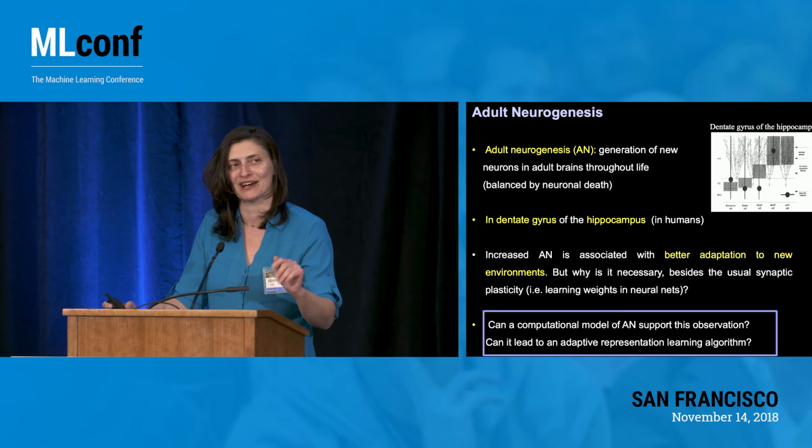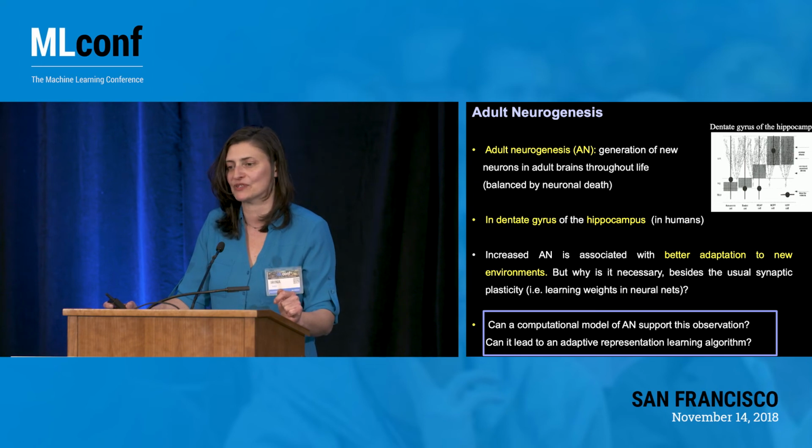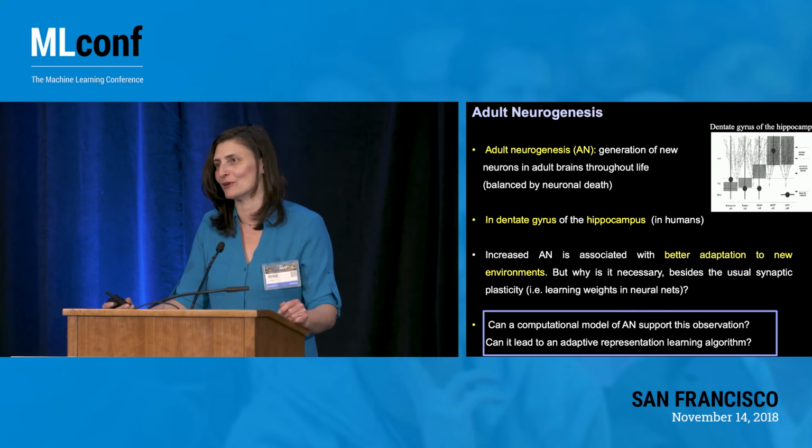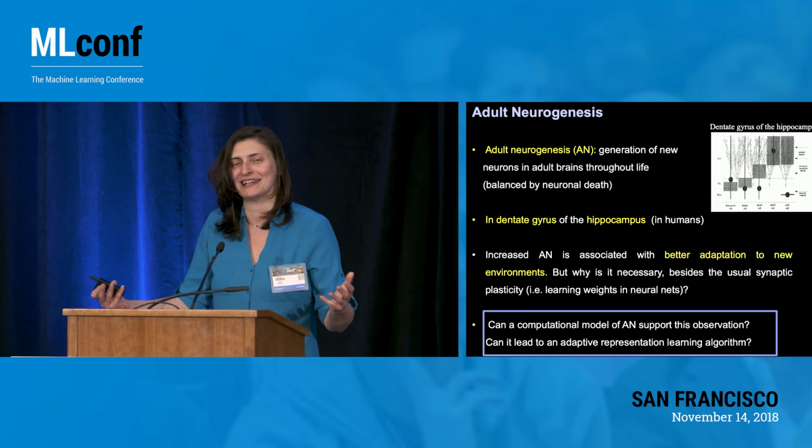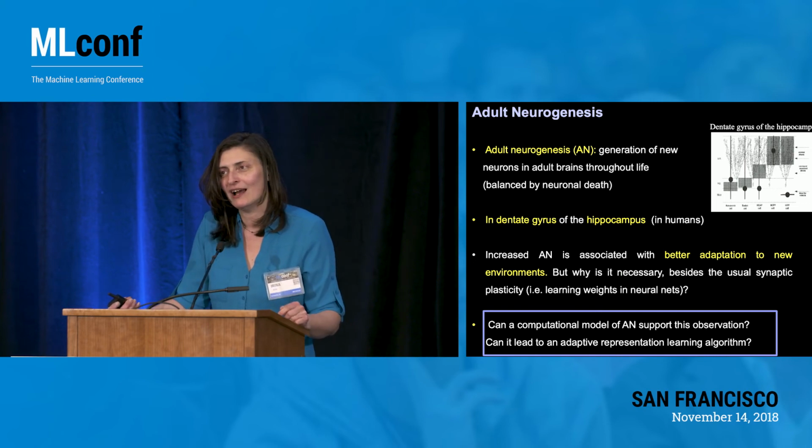In humans, it's harder to study, but it still seems that the hippocampus is mainly the place where it happens. And the gist of that neurogenetic phenomenon, from neuroscientific papers, is that it happens when an animal or a person is exposed to a rich, changing, challenging environment, where essentially the environment is non-stationary, then more neurogenesis is happening.